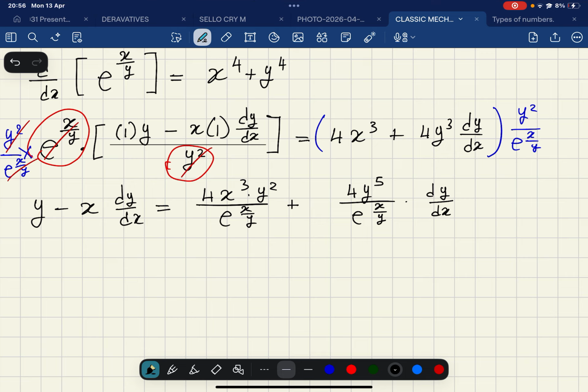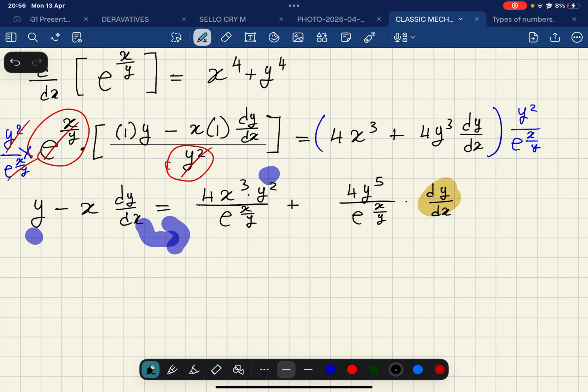So I can keep these ones on the left hand side. But for me, I can take this one to the right hand side, and it changes the sign, so that this part is going on the right and this part is going on the left.